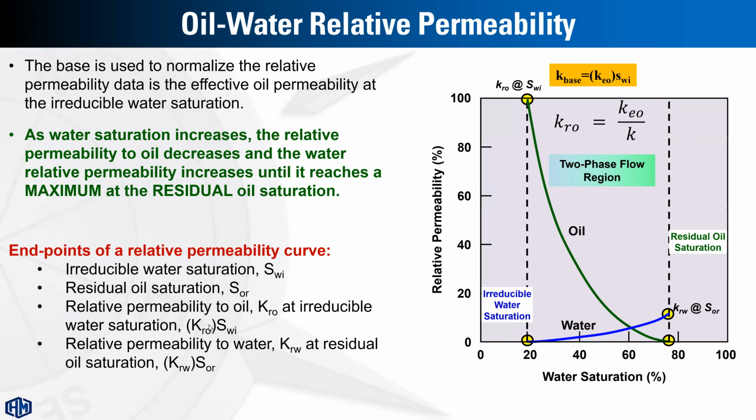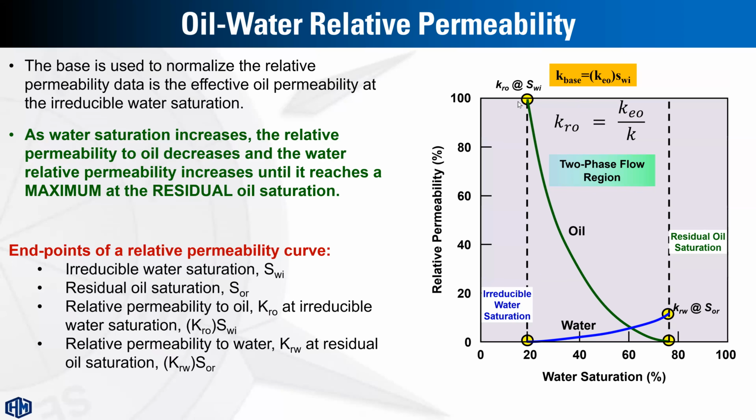For any relative permeability curve, as you know, we have 4 different endpoints. These points are highlighted in the yellow circles. The first one is SWI, the irreducible water saturation. The second point is KRW at SOR, the relative permeability to water at residual oil saturation. In the other direction, we have SOR, or residual oil saturation, at this point.